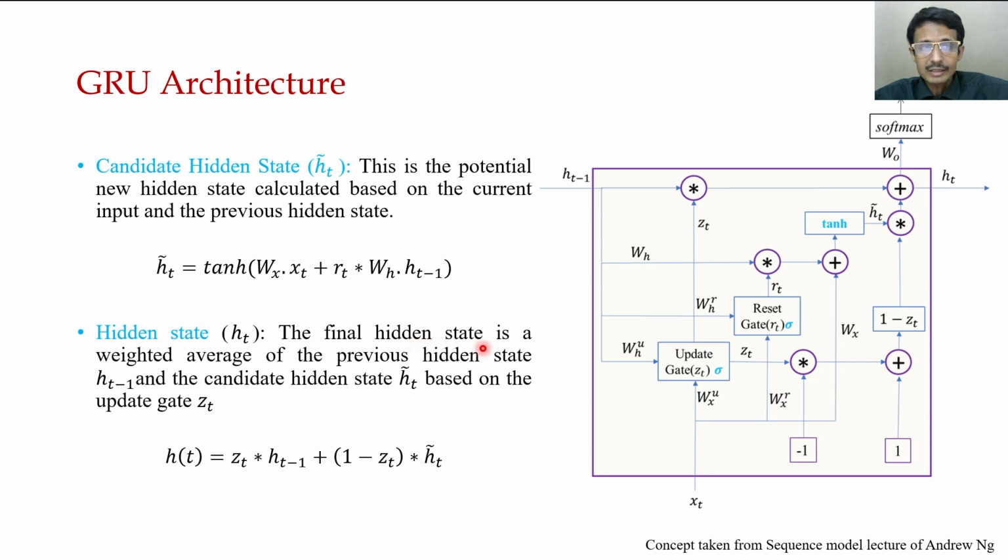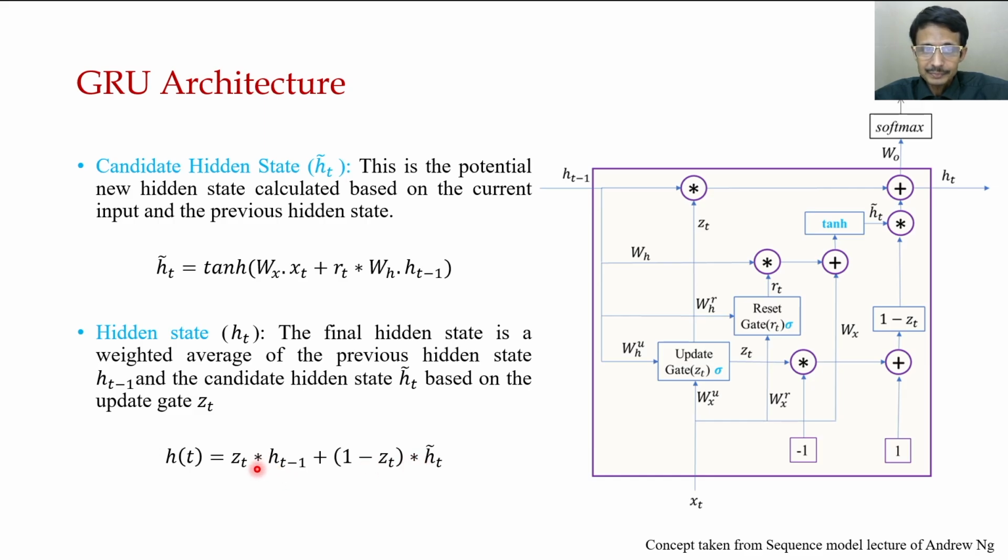The final hidden state is a weighted average of the previous hidden state h t minus 1 and the candidate hidden state h t tilde, based on the update gate z t. So it is z of t times h t minus 1 plus 1 minus z of t times h t tilde.